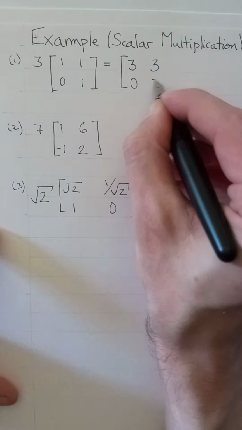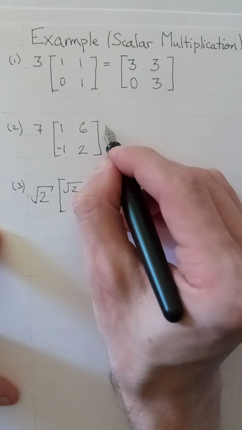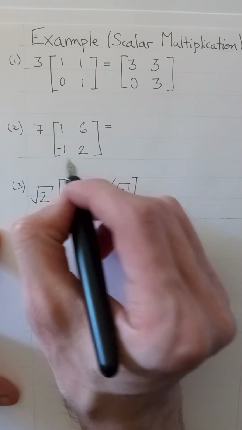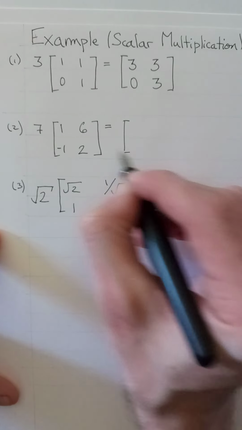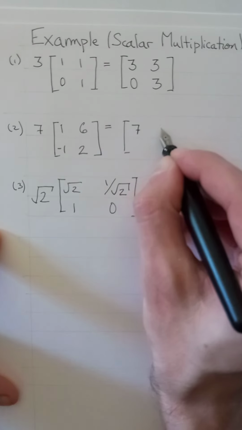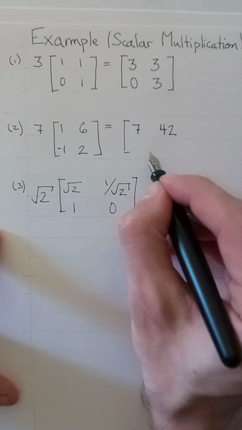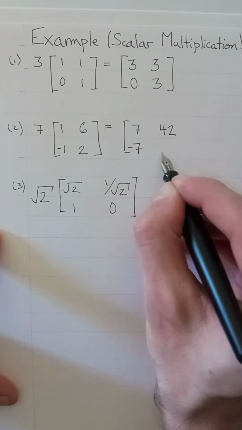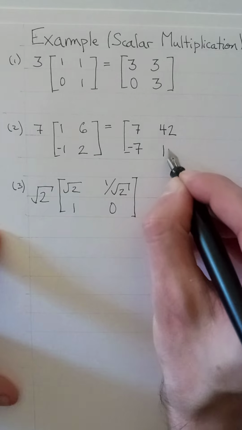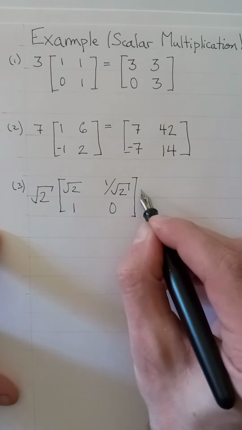And 3 times 1 is 3. Now, 7 times this matrix is, 7 times 1 is 7. 7 times 6 is 42. 7 times minus 1 is minus 7. And 7 times 2 is 14.